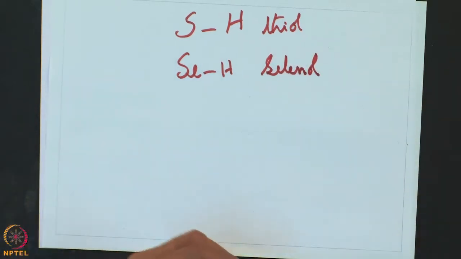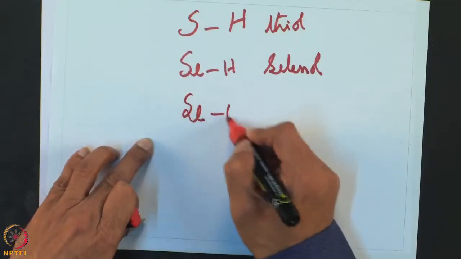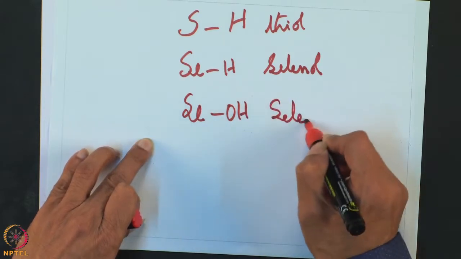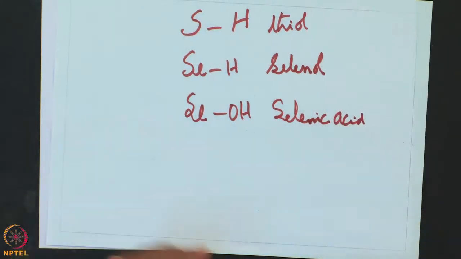Now in this reaction, the selenocysteine, which is not a free simple amino acid but is in the enzyme, acts on the H2O2 and initially gets oxidized to SeOH, and this is selenic acid. If you make Se into OH, this is selenic acid. So: thiol, selenol, selenic acid.